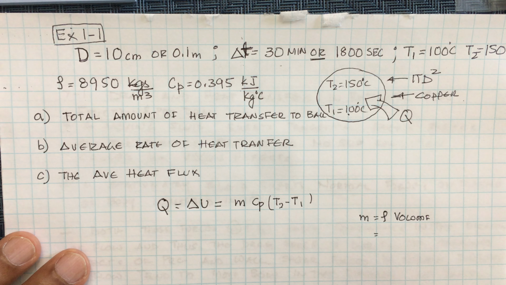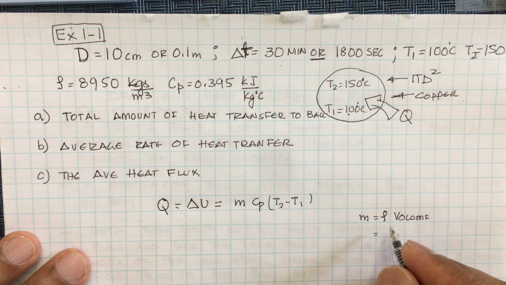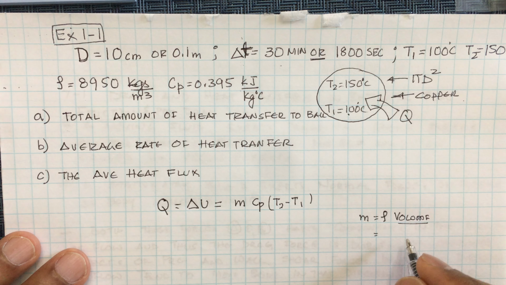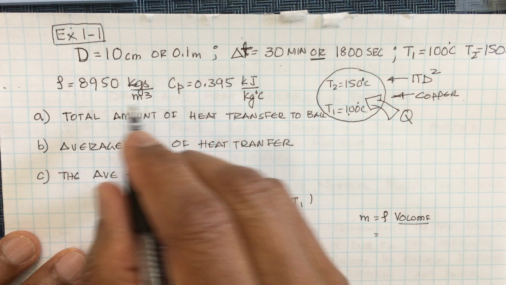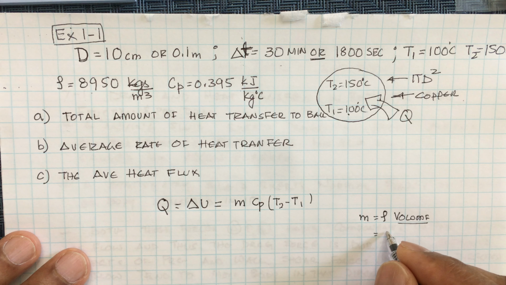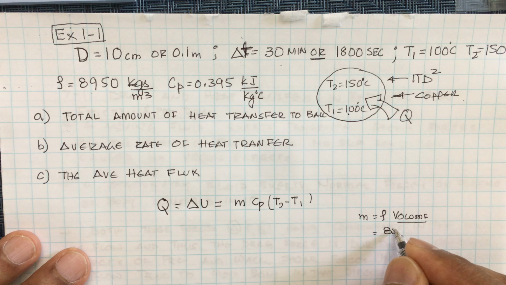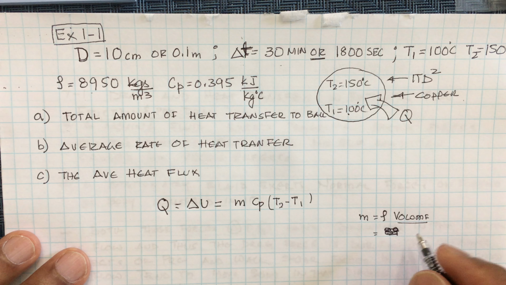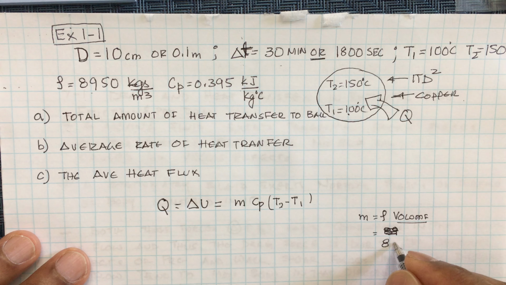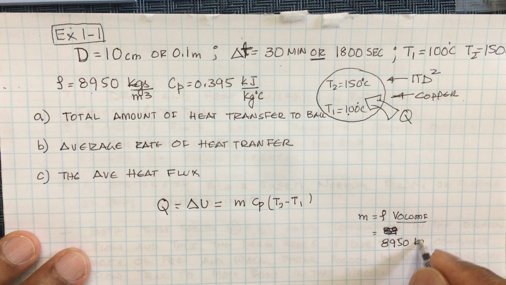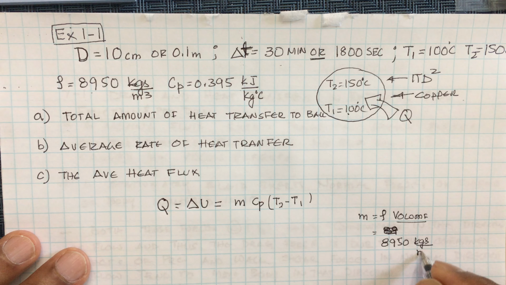So you plug the value there, and let's go ahead and do it. Let's start with the density first, which is given as 8950 kgs per meter cube.